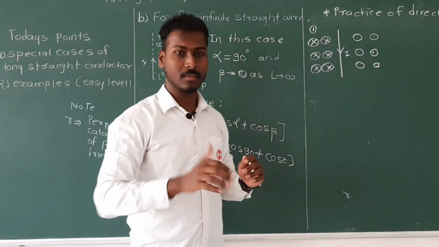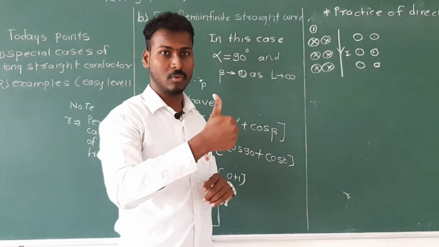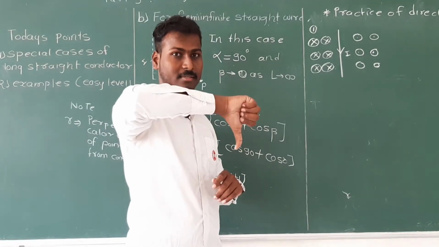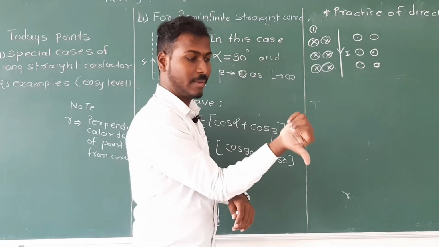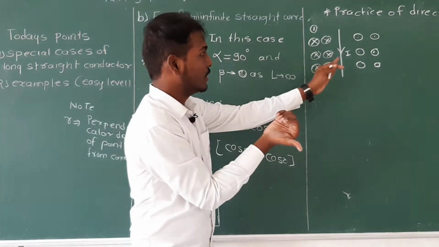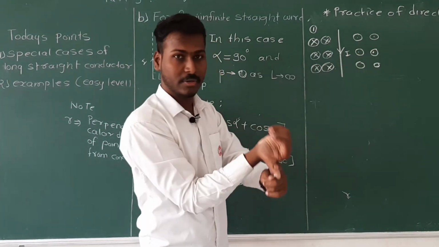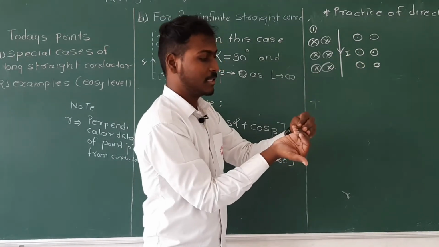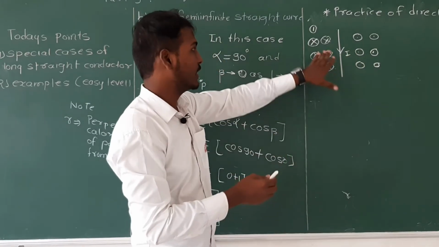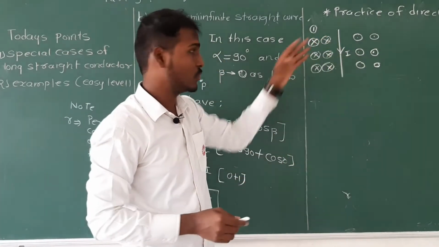We always use this thumb rule now. So for this plane, current is going downward. For this plane, the magnetic field is coming outside. Definitely here the magnetic field lines will go inside.